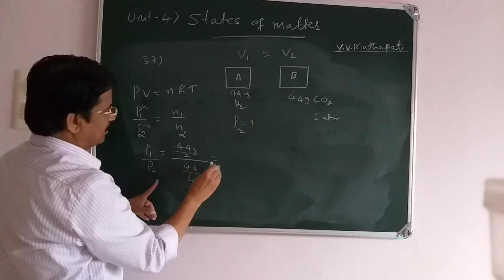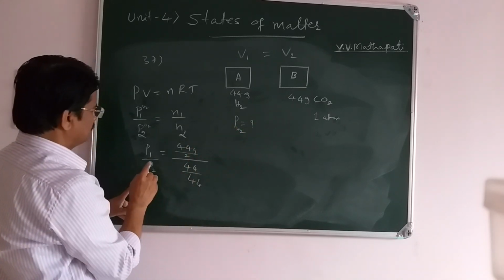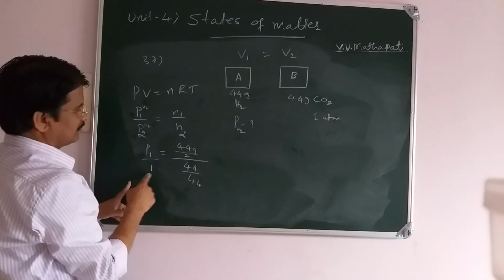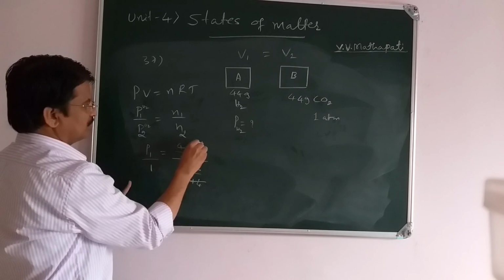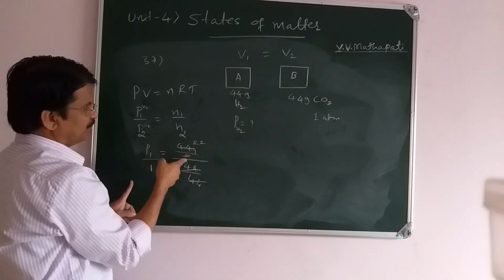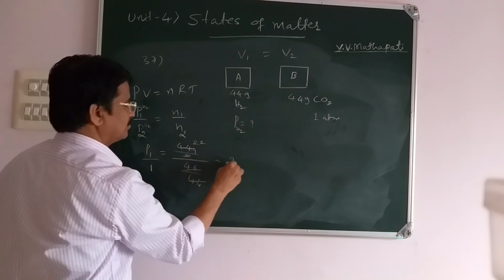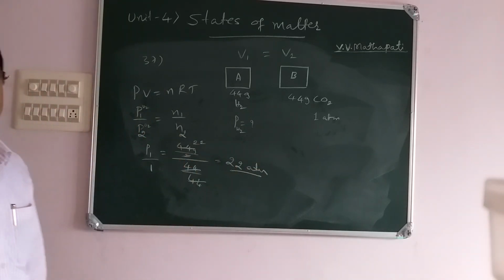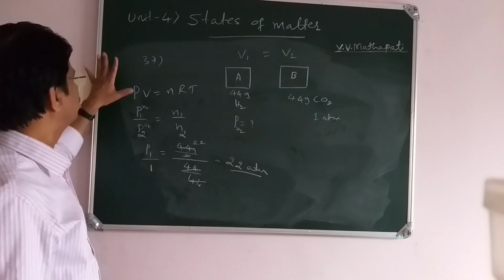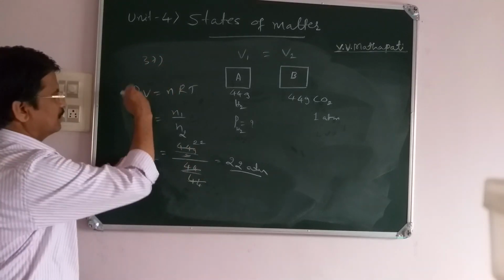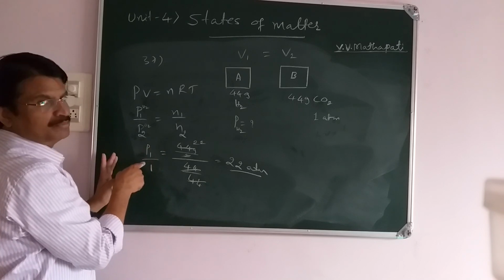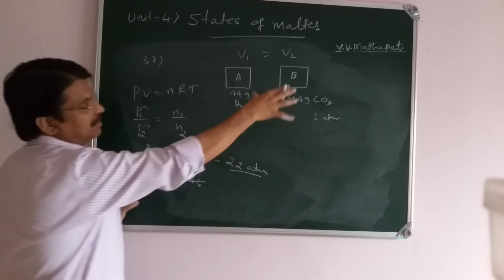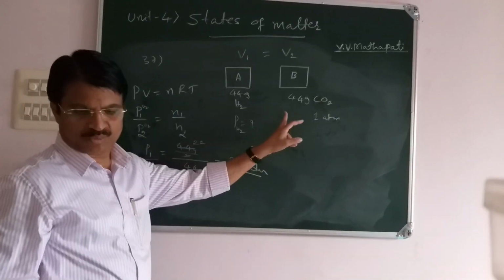And pressure given, how much? P2 also given 1 atmosphere. These two cancel. It's 44 by 2 equal to 22. 22 atmospheres. Yes, using this formula, we can simplify to get pressure of hydrogen in the first cylinder. Second cylinder value given, there is 1 atmosphere.